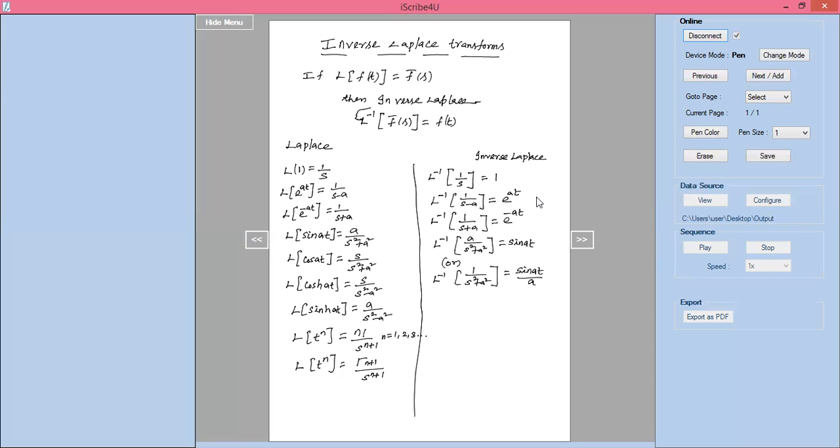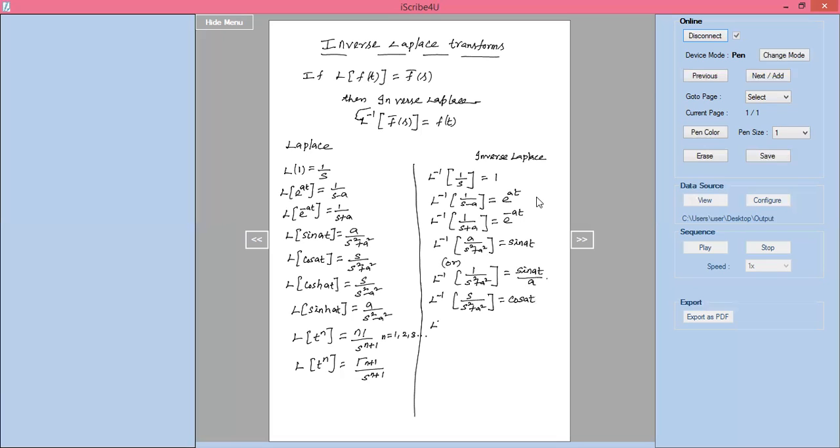Next, L inverse of s divided by s square plus a square is cos at.